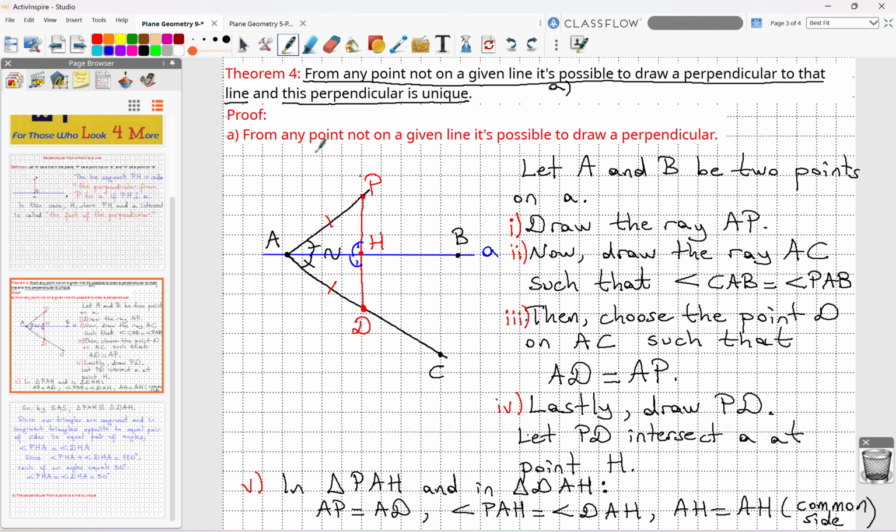So I proved that from any point P, which is not on my line A, it's possible to draw a perpendicular.